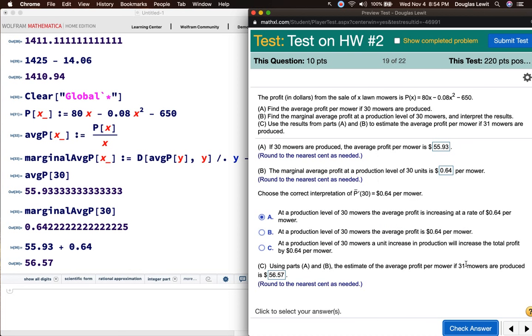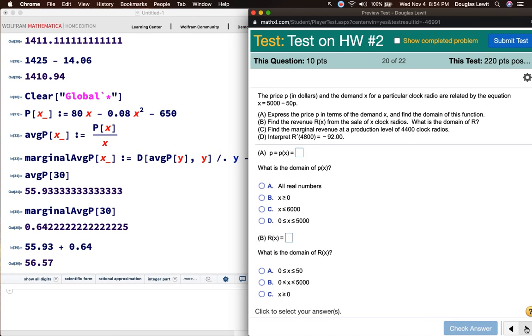Let's look at problem number 20, and that's going to be the last problem that we do for this video. Okay, problem 20. The price P in dollars and the demand X for a particular clock radio are related by the equation X is equal to 5,000 minus 50P. So P is my independent variable, X is my dependent variable. Let's read this carefully one more time.